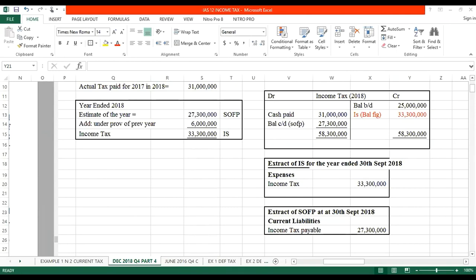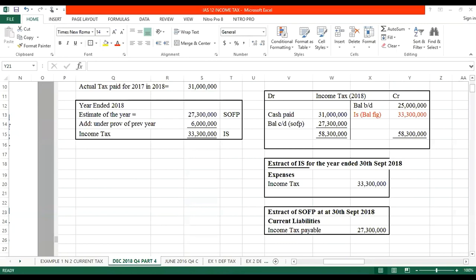Now, if it is in a trial balance, the over or under is normally provided in the trial balance. How do you know that it was over provided?